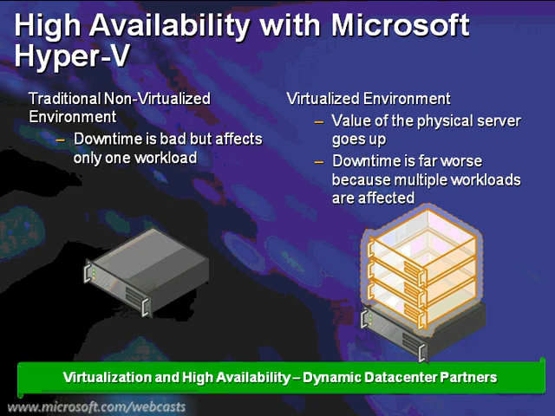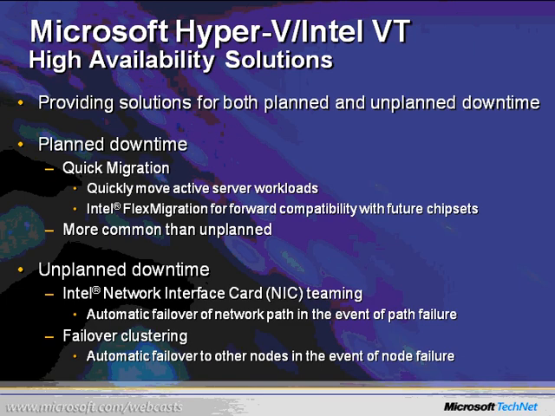And the failure of one server can be far more dramatic because multiple workloads could be affected. So virtualization and high availability together are two key pieces that you'll want to evaluate along with manageability in architecting your dynamic data center.